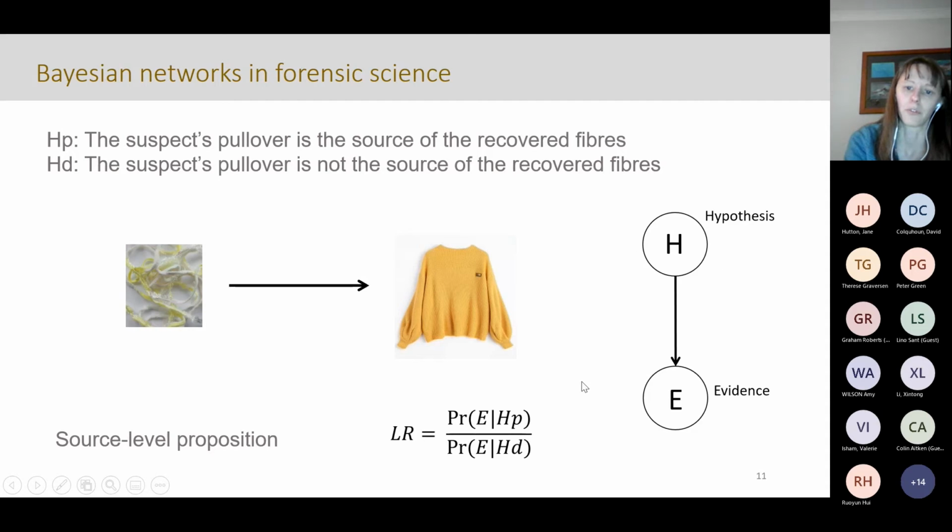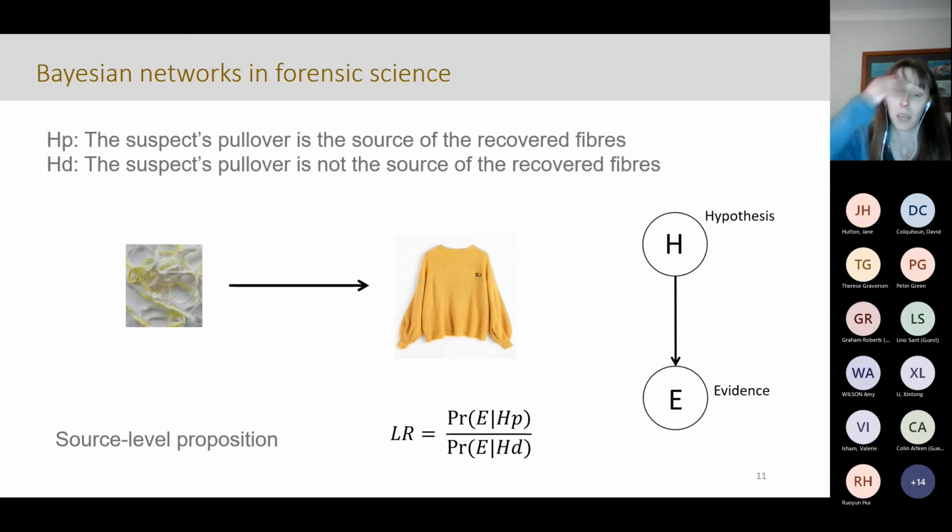We can also build a very straightforward Bayesian network from this source-level proposition and its evidence just by connecting together the hypothesis at the top, at the start of the Bayesian network, and the evidence at the bottom, because we would expect our evidence to be updated based on what kind of hypothesis we might have.